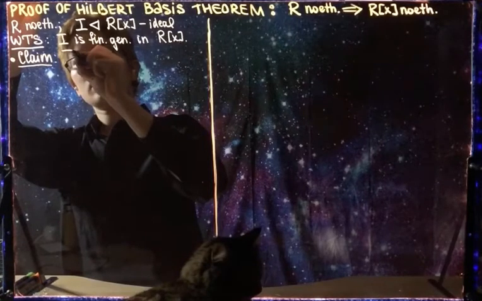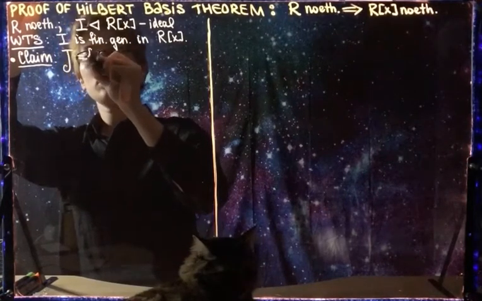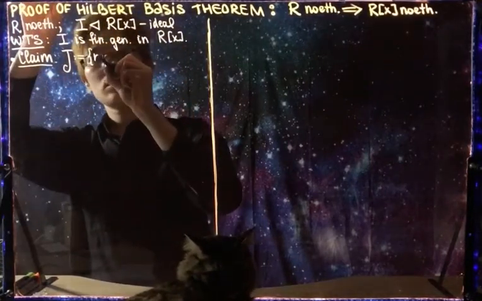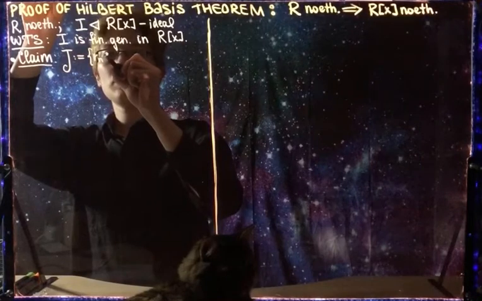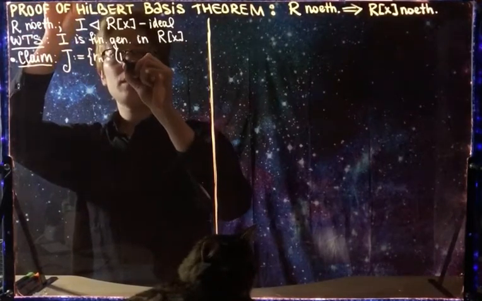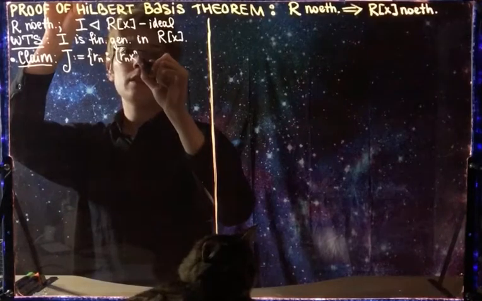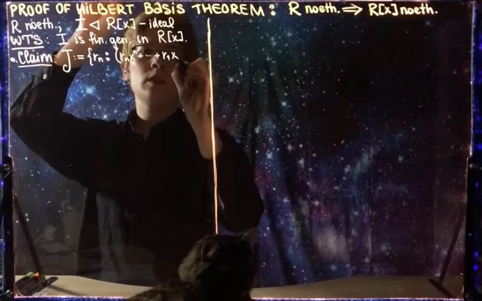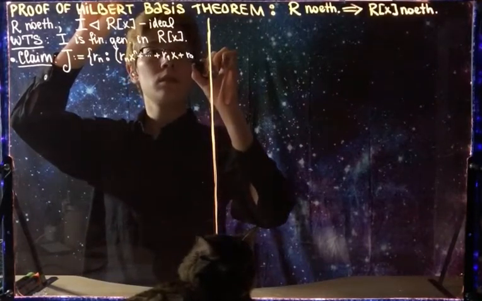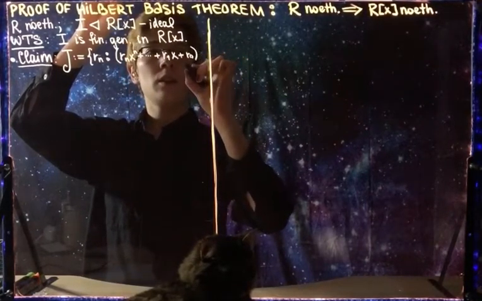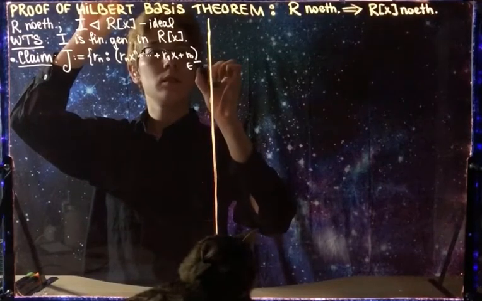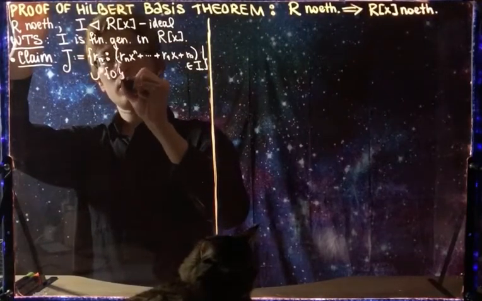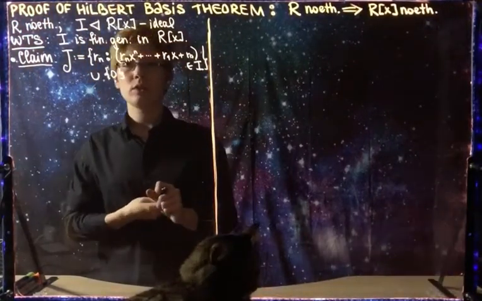So I take J to be a certain subset of R consisting of Rn in R for every polynomial Rn x^n plus etc. plus R1 x plus R0 that is taken from I, together with the zero element.